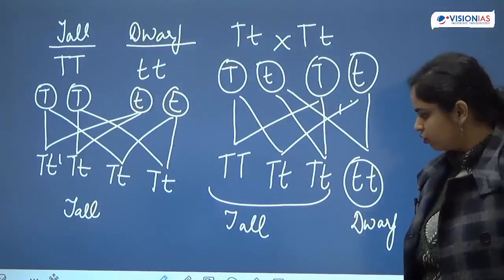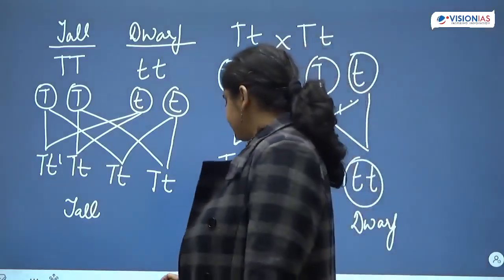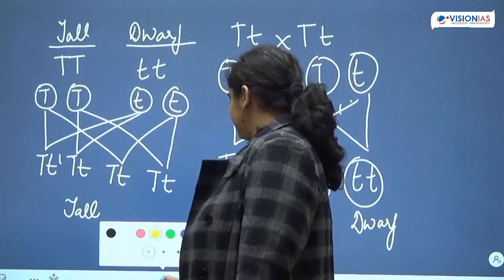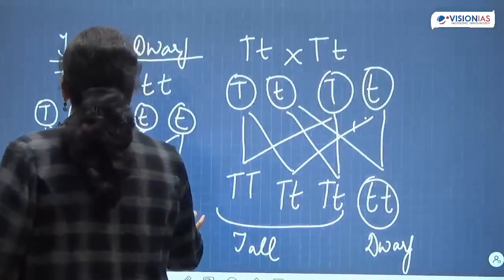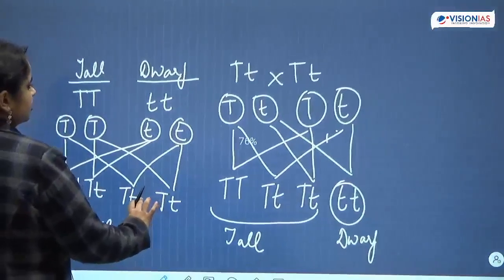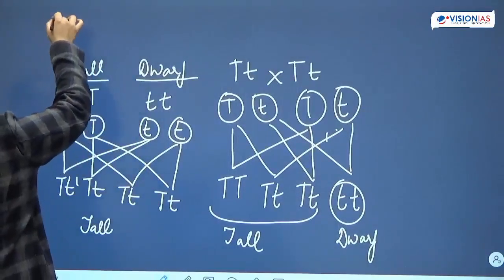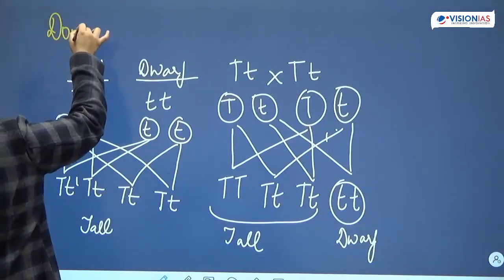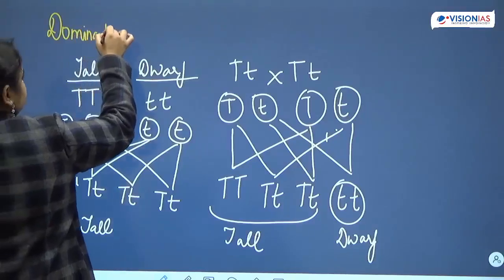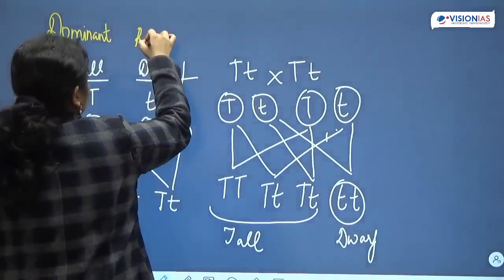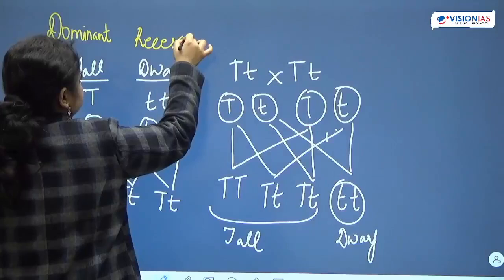Okay. So with this, Mendel came to a conclusion that out of these two contrasting characters, one is dominant and the other is recessive.